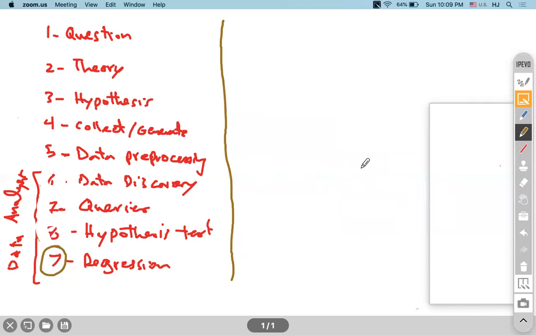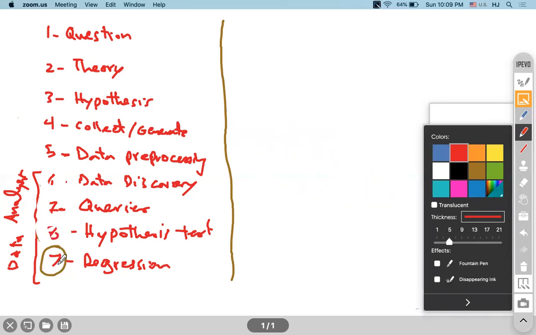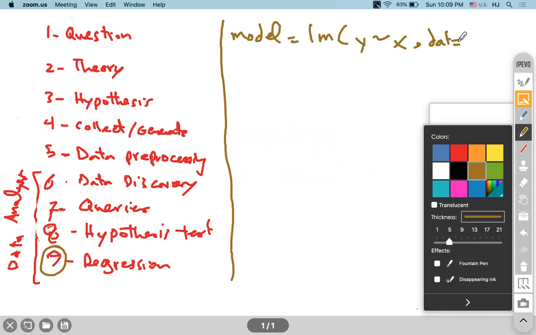Regression. So this is number 9. In regression, in R, you can create the model easily. So you can just create the model using lm, and you provide whatever Y is, and you use the tilde sign, and you provide X, whatever X is, and you provide data equals to your data frame name.